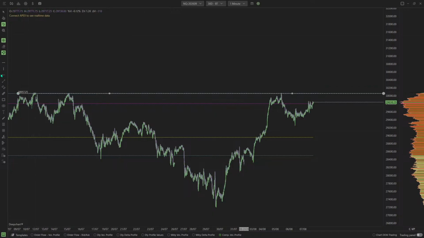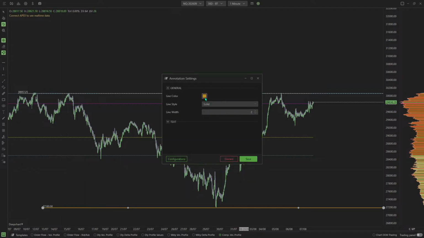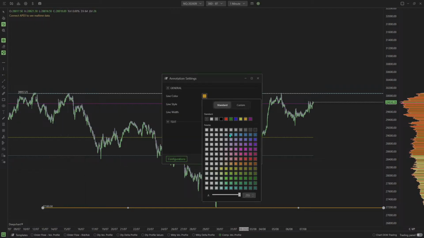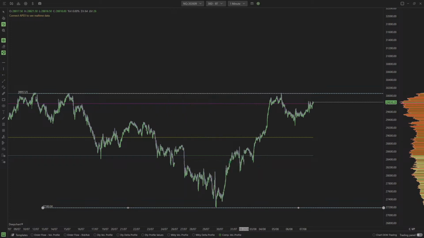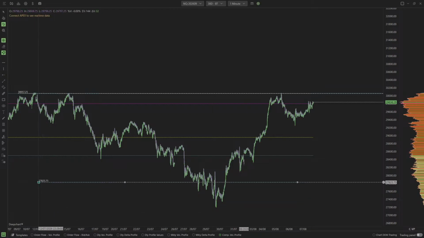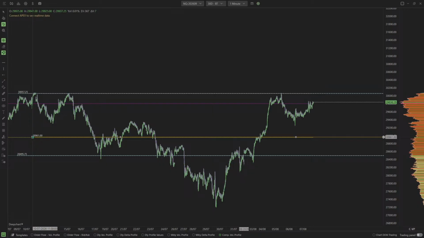Buggy stuff. See, that's what I mean by sometimes things just don't work. Okay, it shouldn't be the case, right? That just should never be the case. And that's not the right location, but it should always work. All right, but it's a great platform nonetheless. Okay, so these are low. All right, then we have our VWAP, which we'll keep yellow.